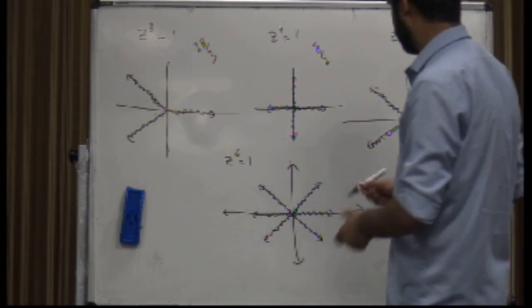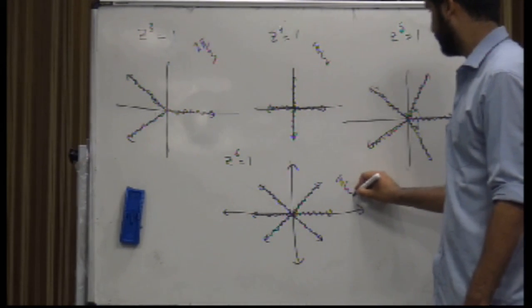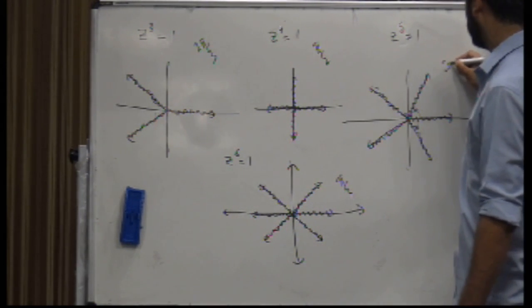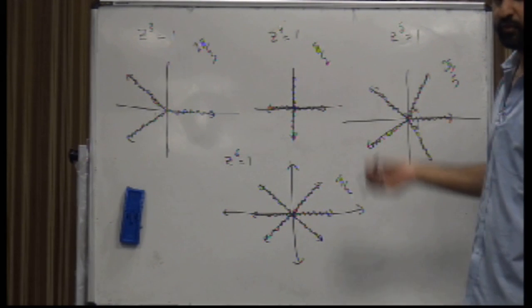So angle between them will be pi by 3, here it is 2 pi by 5. So the simple formula is 2 pi by n.